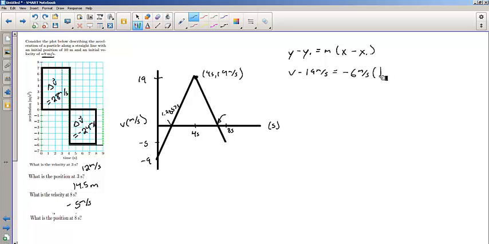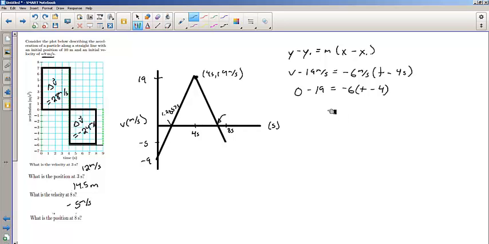X is t. Our x coordinate is 4 seconds. And just like before, we're going to set v equal to 0. So we're going to set v equal to 0 and solve for t.